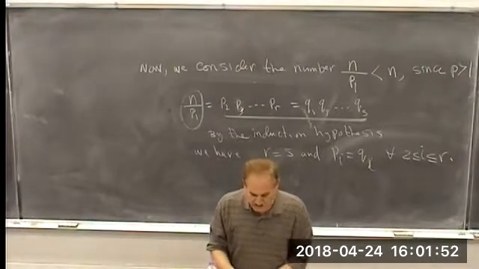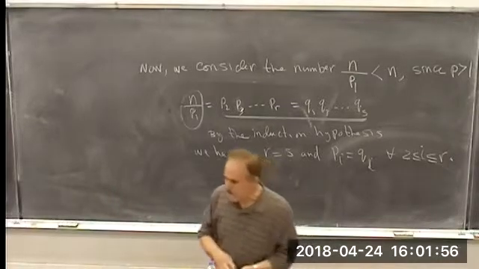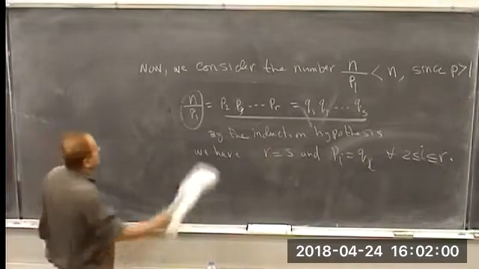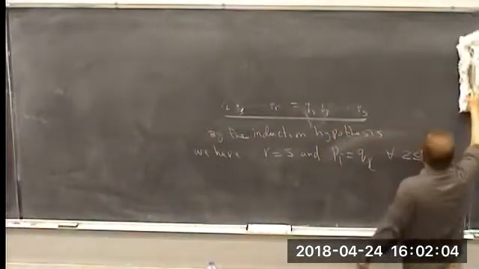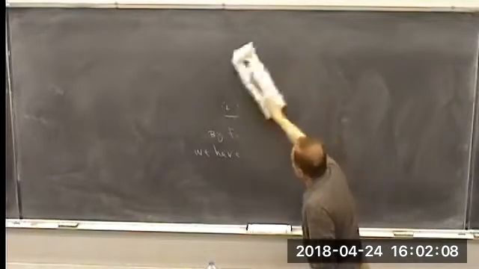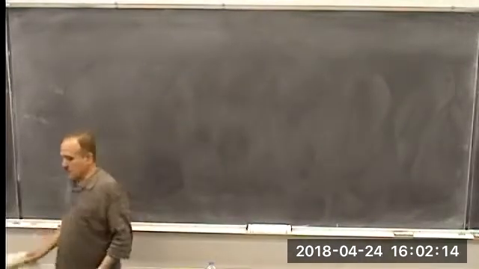All right, a few other things left. We know that every natural number is either itself a prime or can be written as a product of primes.